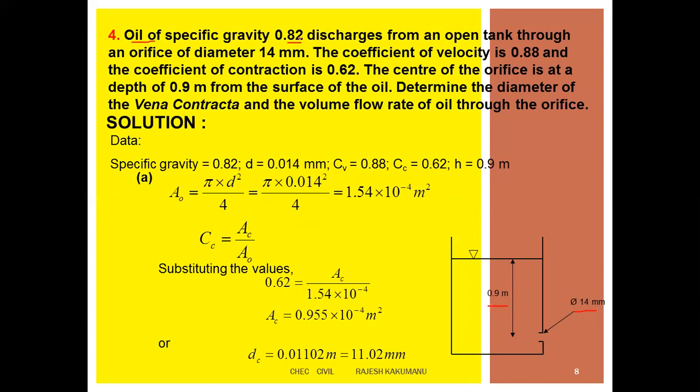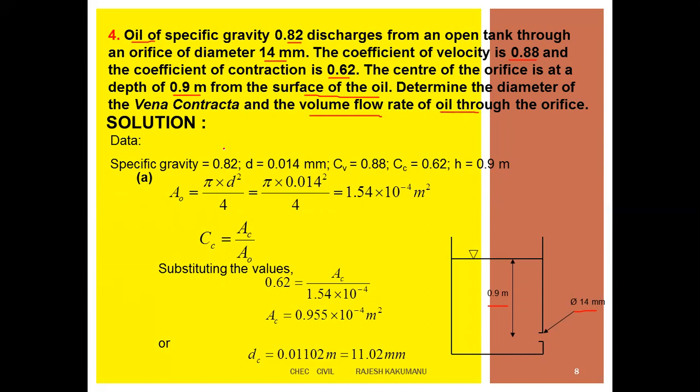The coefficient of velocity is 0.88 and the coefficient of contraction is 0.62. The center of the orifice is at a depth of 0.9 meters from the surface of the oil. Now determine the diameter of the vena contracta and the volume flow rate of the oil through the orifice.